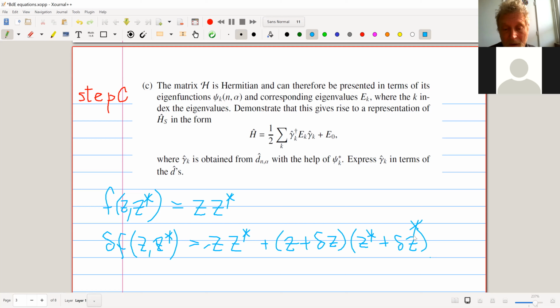Right. So I conclude looking at the first order derivative that df/dz is z conjugated, and df/dz conjugated is z.